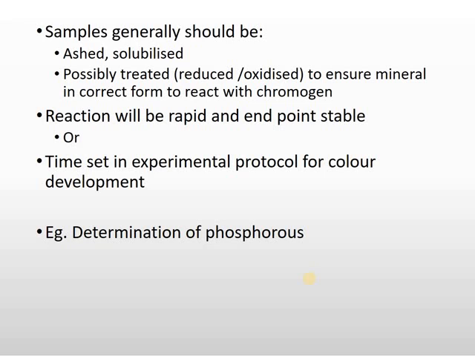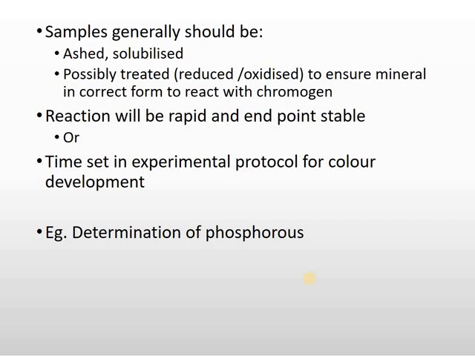And then when the analyte is properly prepared, the reaction will be rapid, and the endpoint will be stable, because the analyte is in the form that is required. When doing quantification using your spectrophotometric colorimetric methods, the time set in the experimental protocol for the color development can be seen.